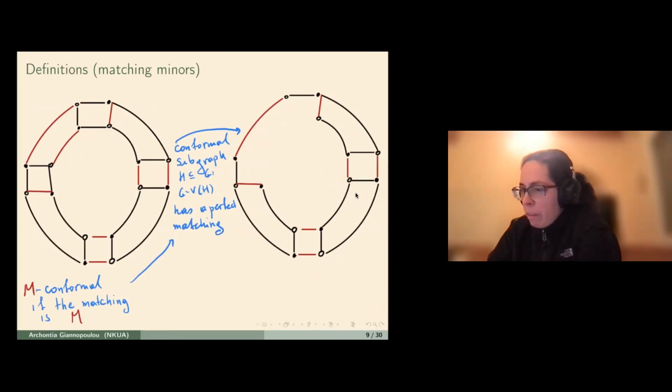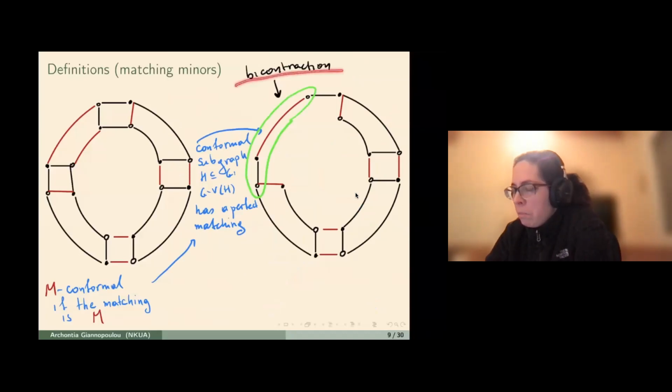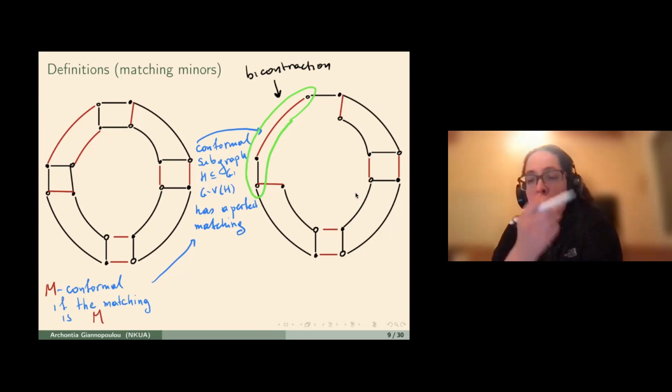And finally, we define bicontractions in such a way that whenever we have a vertex of degree 2, we contract both of the edges that are incident to the vertex. So if we think of minors, we know that a graph is a minor of another graph if it can be obtained after contracting edges in a subgraph of the graph.